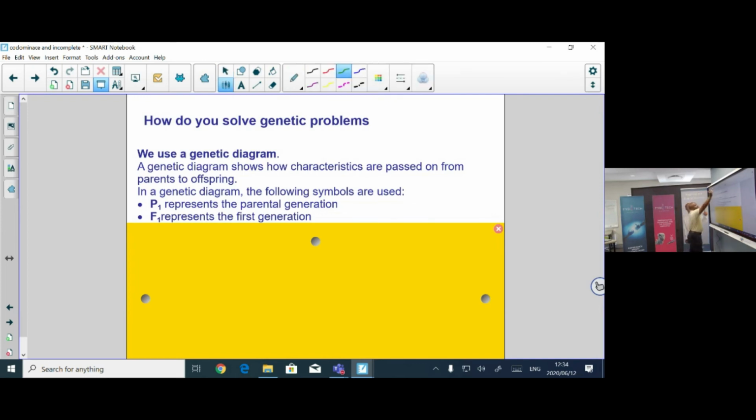In a genetic question, if I see P1, I know it represents the parental generation. The mother and the father, the paternal side and the maternal side. We represent them using P1.